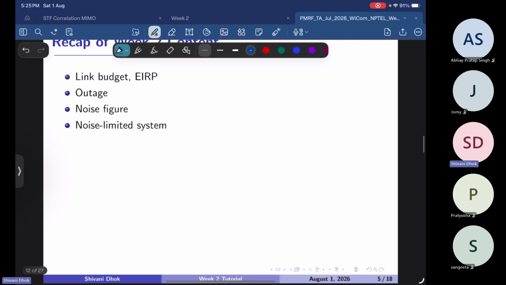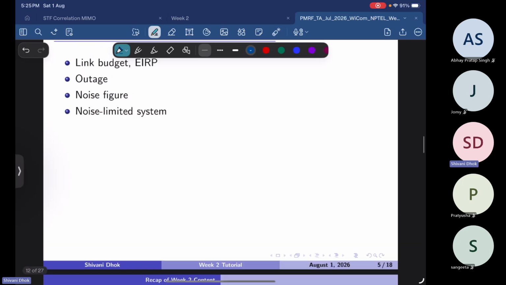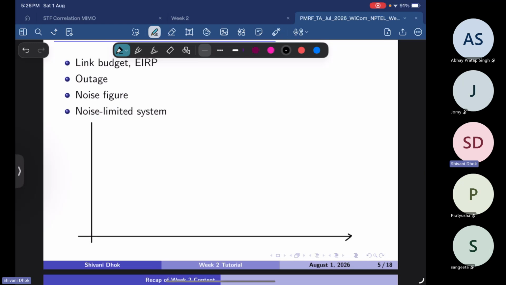After that, we looked at something known as noise limited systems. So in a noise limited system, here I am plotting the receiver level. The signal decays with distance. This is distance. This is where you are transmitting. This is your transmit power.